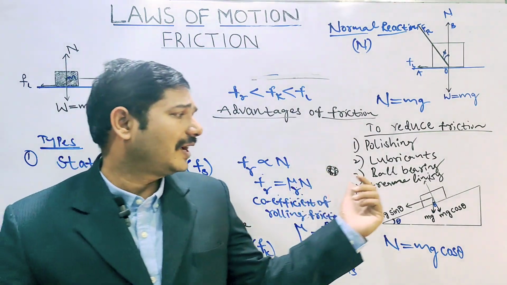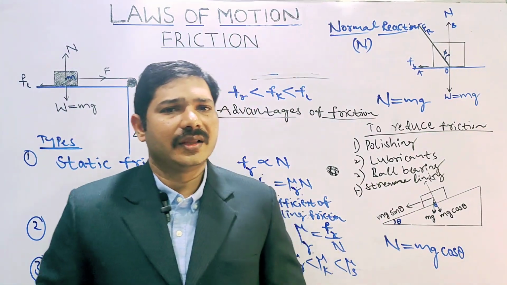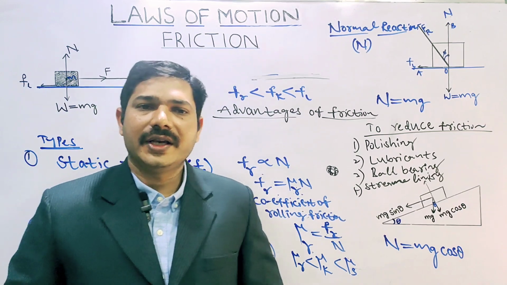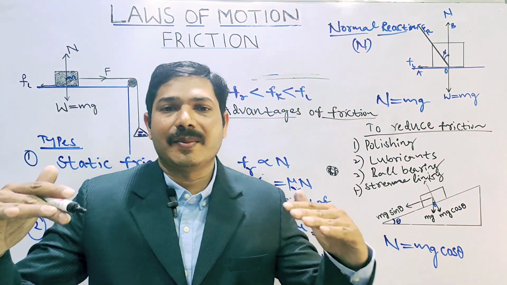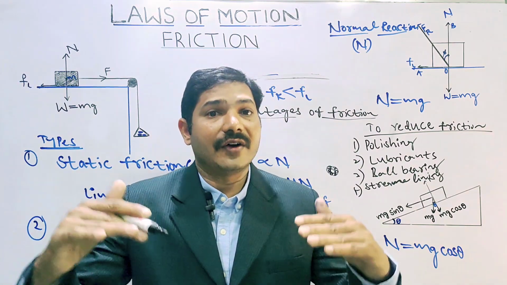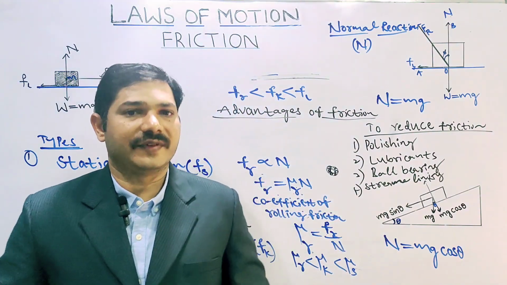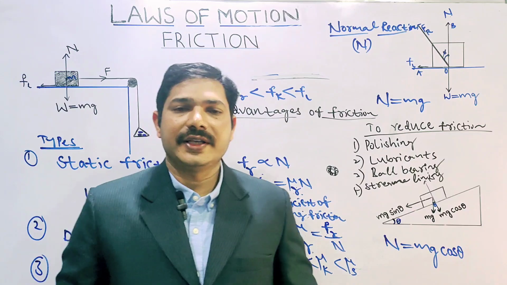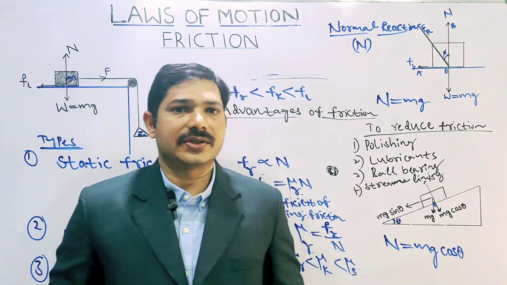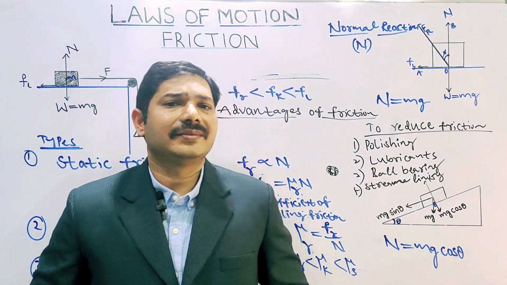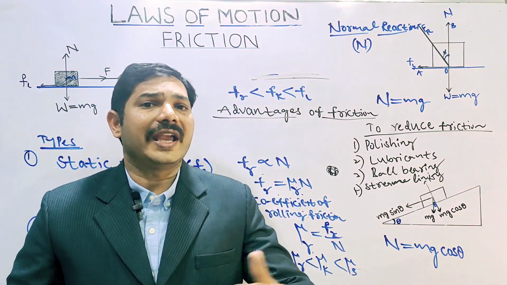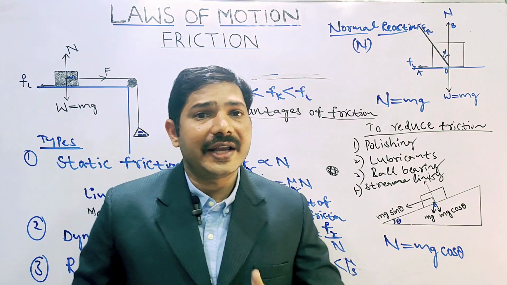Next, the last one, streamlining. What does streamlining mean? Automobiles and aeroplanes are specially streamlined. They consist of curved surfaces. Nowadays we observe that motor vehicles and cars are specially designed like that to avoid air friction.